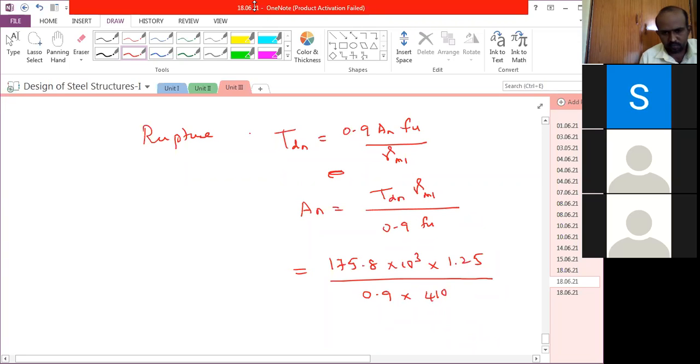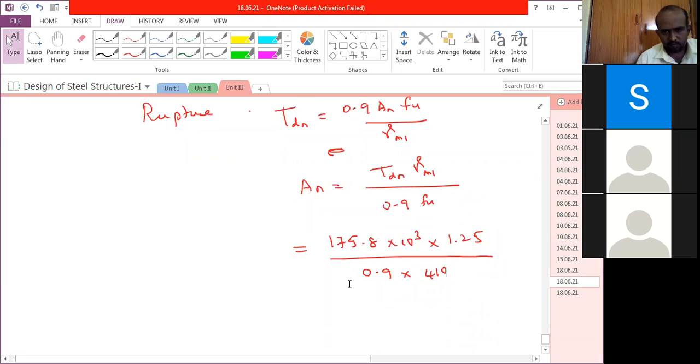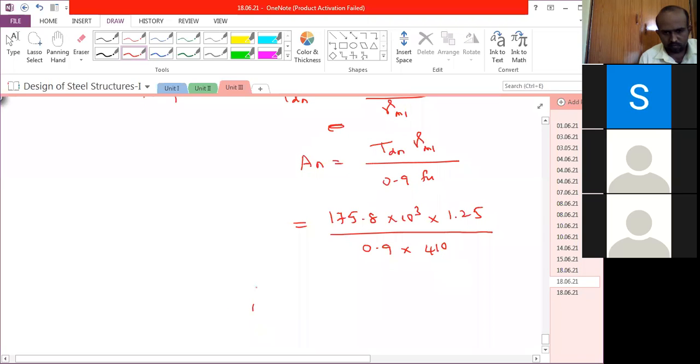Please calculate and tell me. 596.2. So 596.2 mm square, this much area we need to provide.